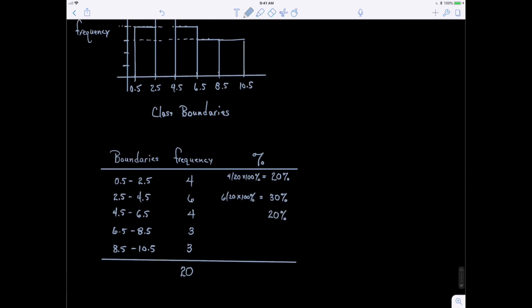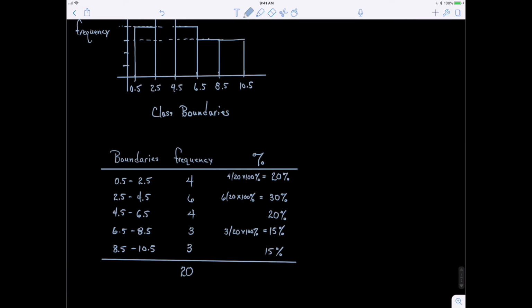And 3, well, we would take 3, divide that by 20, multiply that result by 100%, so that would be 15%. So those 3 dots represent 15% of our data, as do the next 3 dots found in the last bar of the histogram or the last bin of our dot plot.